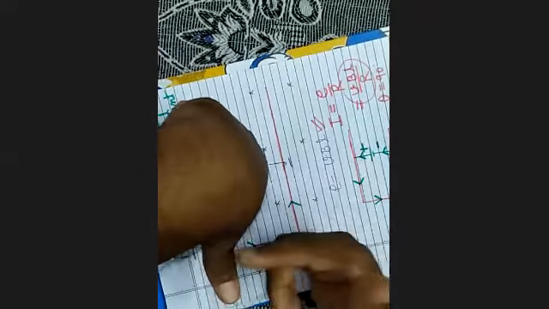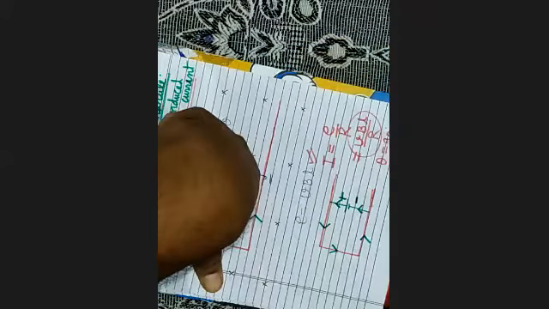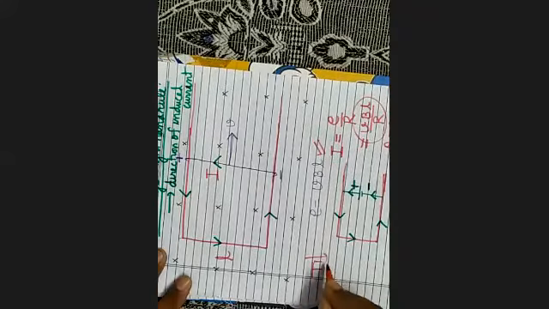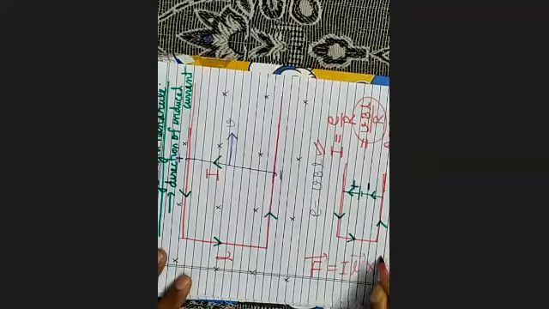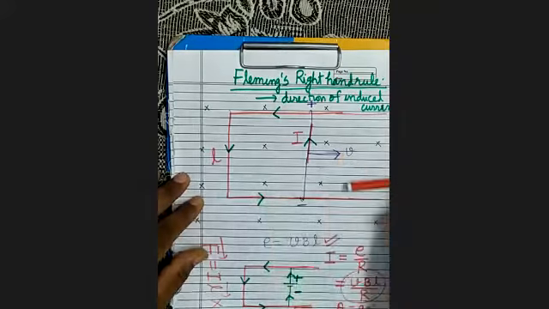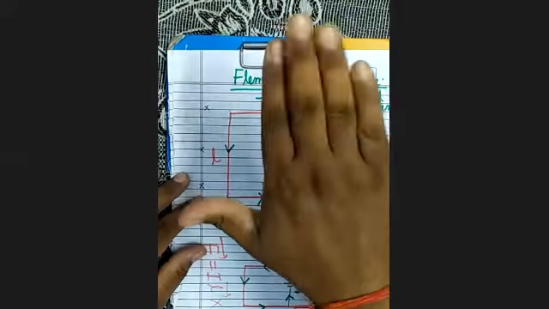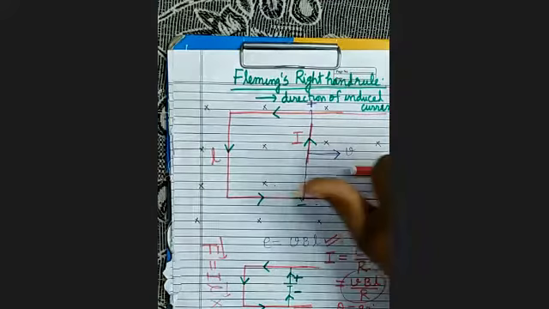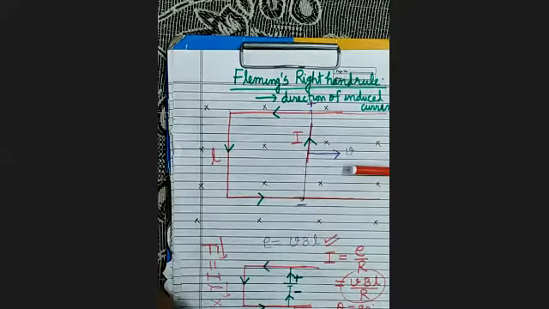So thumb will give the direction of force. Or I can find by this way: force equals to vector IL cross vector B. Now vector IL will be along this. B is in downward, so you can see here, thumb is pointing in this direction. It's clear.